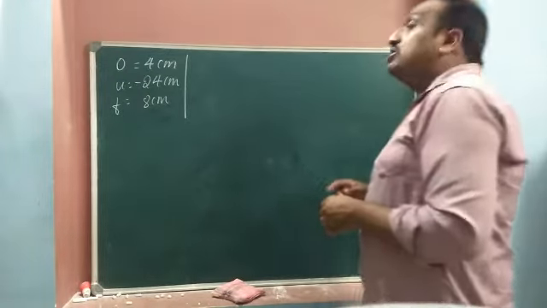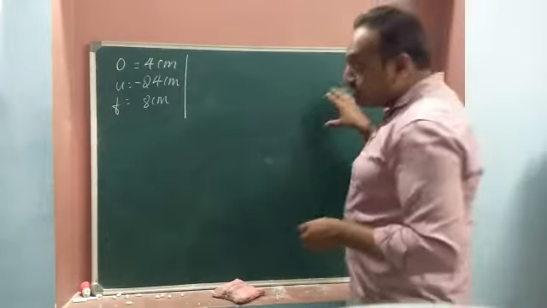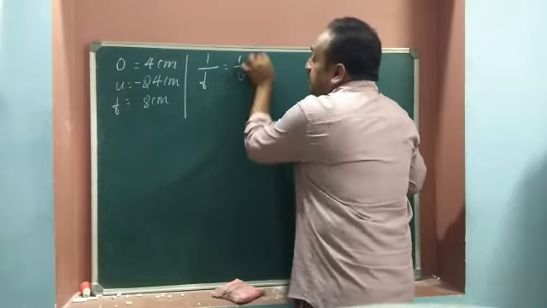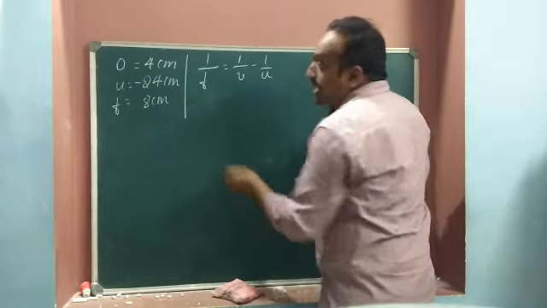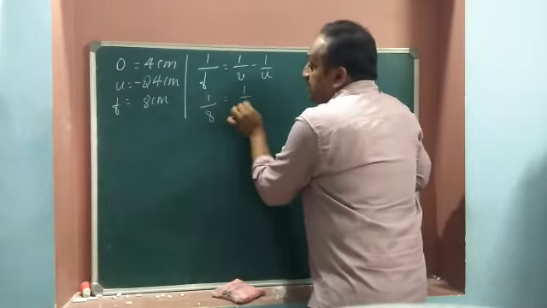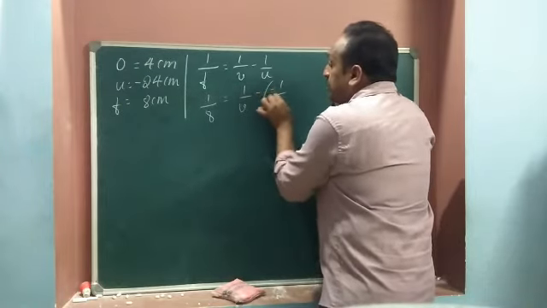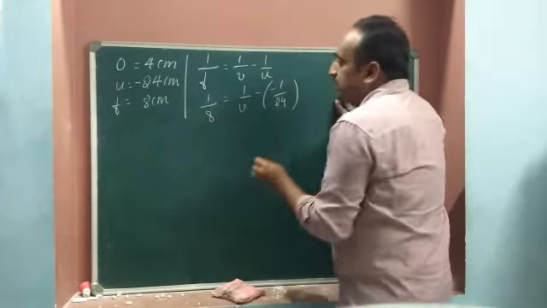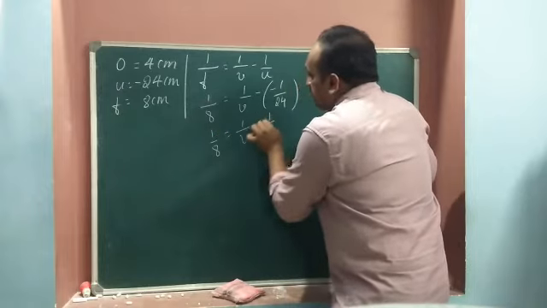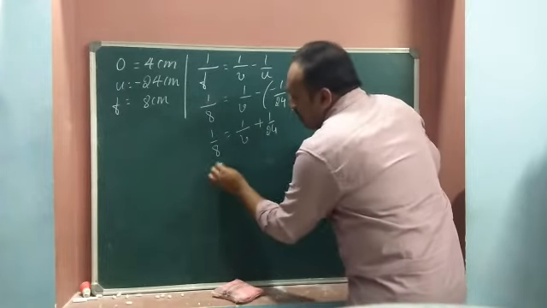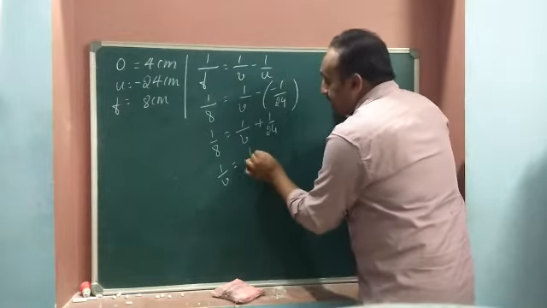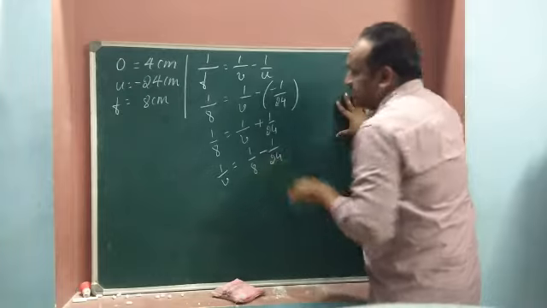For that we are going to use the lens formula, that is 1 by F is equal to 1 by V minus 1 by U. Substitute the values. 1 by 8 is equal to 1 by V, which I don't know, minus of minus 1 by 24. So 1 by 8 is equal to 1 by V plus 1 by 24, or 1 by V is equal to 1 by 8 minus 1 by 24.